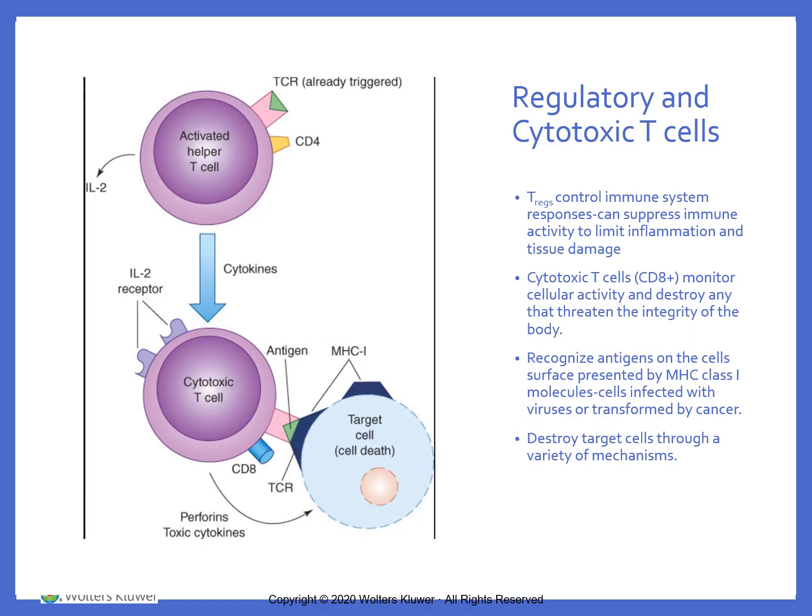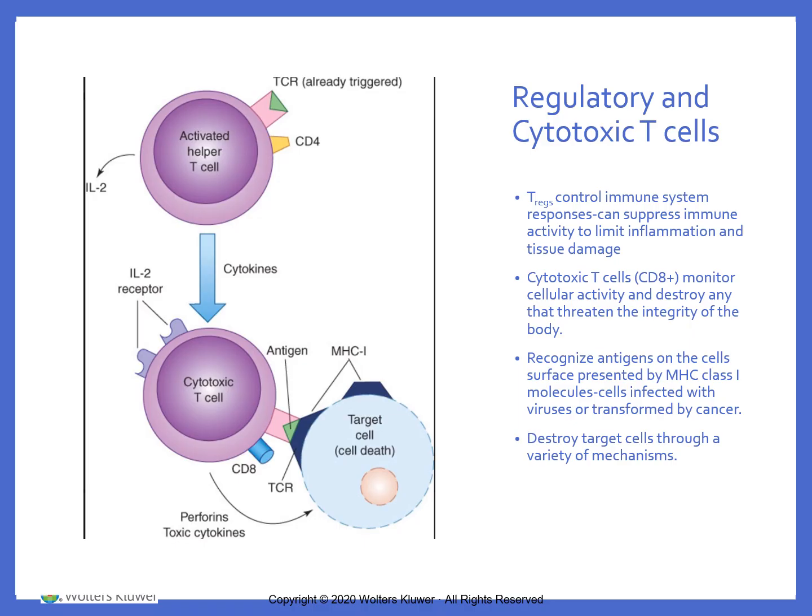The cytotoxic T cells can also release other cytokines that help to perforate or destroy the cells as well. So again, those cytotoxic T cells recognize antigens on the cell surface that are presented by those class 1 MHCs, to destroy that cell that's infected with a virus.